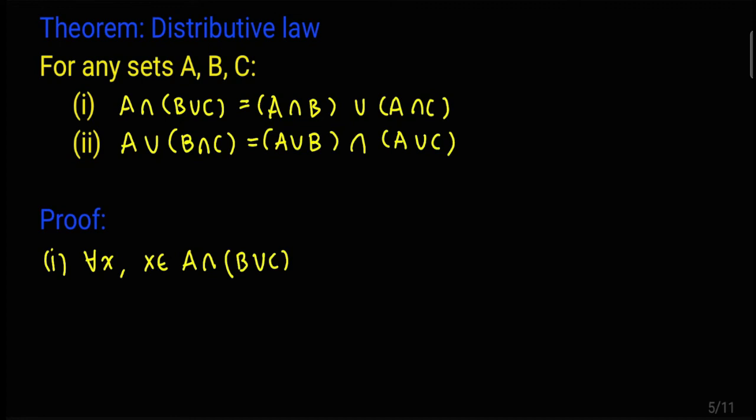So first property, A intersection (B union C) is actually the same as (A intersection B) union (A intersection C). If we look at the statement, this is A intersection, and then you distribute that to B, so you have A intersection B. You distribute it to C, so you have A intersection C. And then whatever the operation is between B and C, that will be the final operation.